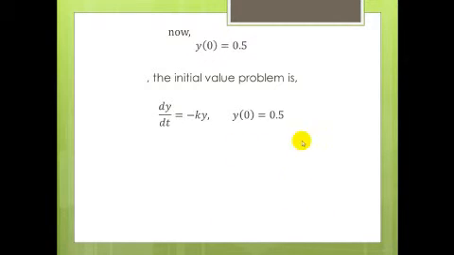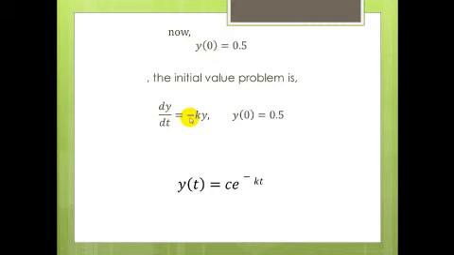Its rate of change, dy over dt equals y prime of t, is proportional to y of t, which gives us the ordinary differential equation dy over dt equals negative ky. The minus sign indicates a decay in the substance.